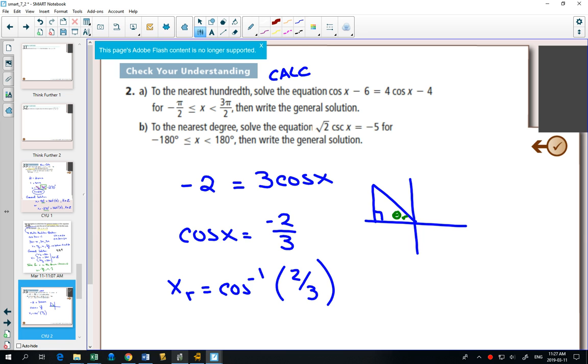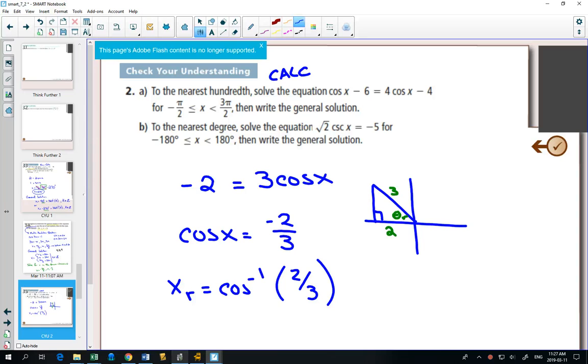Well, we could label the adjacent over the hypotenuse because we know cos is 2/3. The adjacent side is 2, the hypotenuse is 3. And when you're thinking about an actual triangle with actual lengths, it makes sense why whenever we're finding the reference angle, we always use positive values.